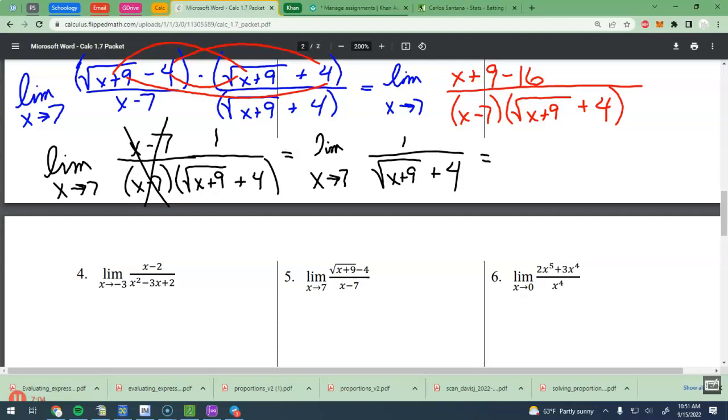If you plug 7 into x minus 7, you're going to get 0. Well, I just got rid of it. So I'm now able to plug in, and I won't get 0 on the bottom anymore. So now you plug in 7, so it'll be 1 over the square root of 7 plus 9 plus 4. So the square root of 16 is 4, plus 4, so this will end up being 1 over 8.